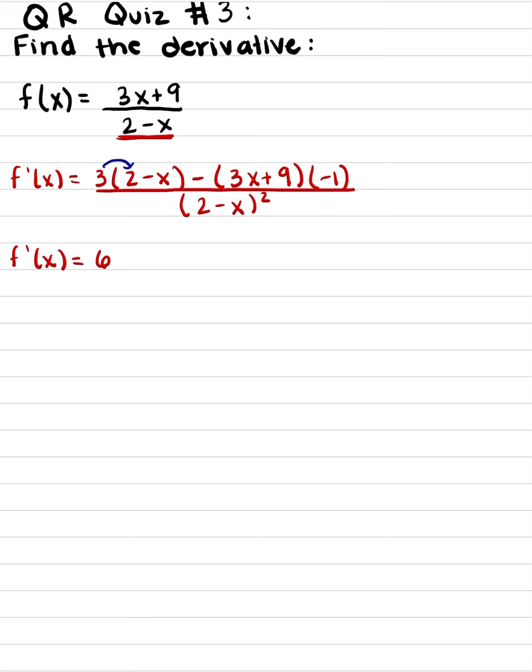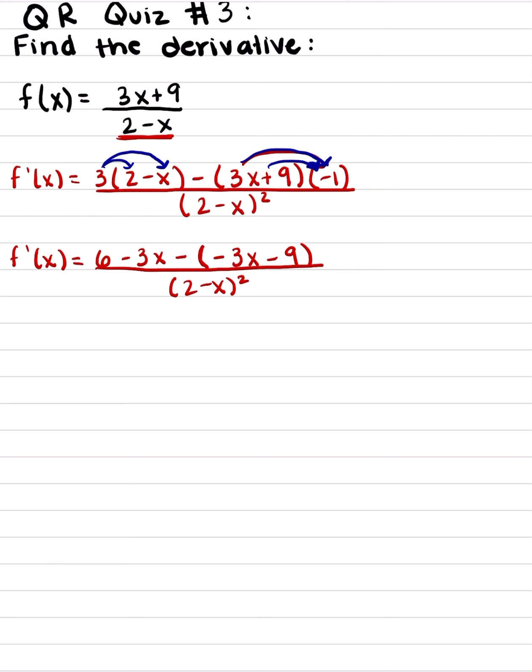And then 3 times -x is going to give us -3x, minus, and then keep this in parentheses, it's very important, 3x times -1 gives us -3x, and then you're going to multiply 9 by -1, which gives you -9, and again all over 2 minus x squared.